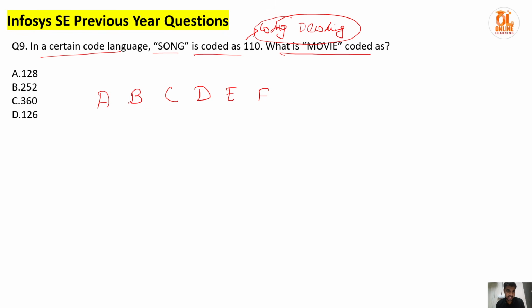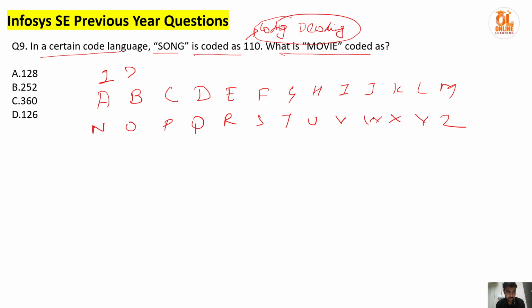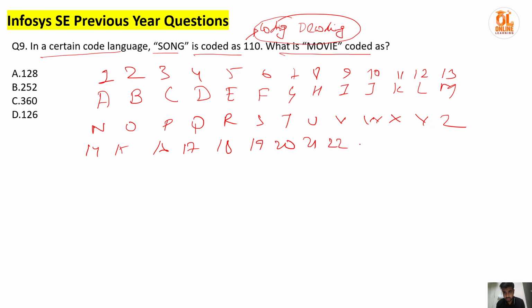So please write A to Z, and also write the numbers 1 to 26.